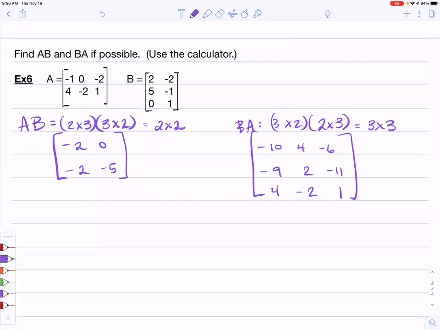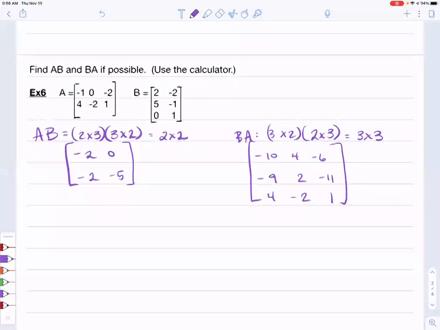You said -2, right? Not -10. Okay. All right, yeah, so that's not that bad. I don't teach you how to multiply by hand. I could, but by this point in the semester, we just don't, okay? We just don't.